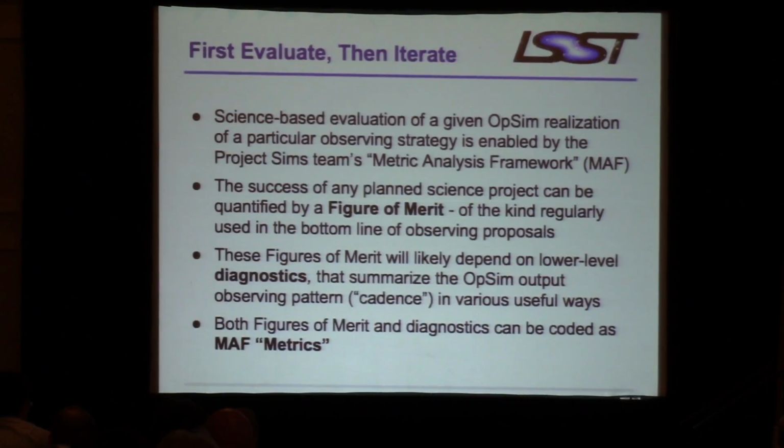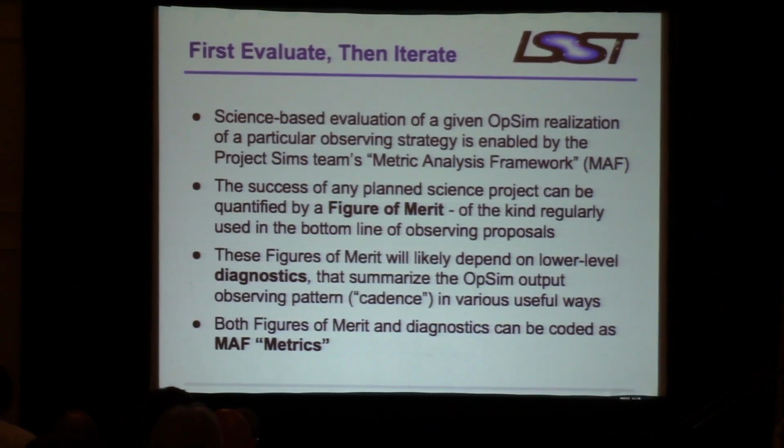So how do we think about the evaluation of cadences, of observing strategies? Well, when you write an observing proposal, there's always a bottom line. You put it in italic text, and usually at the top, and it's of the form, if you give me this much time, I will be able to do this. And it's this that we're trying to capture in something we might call a figure of merit.